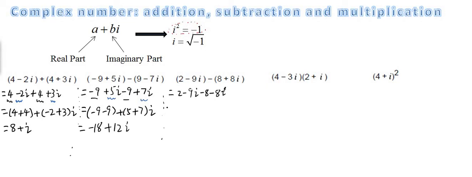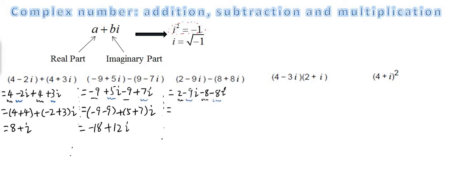Then we can combine the terms. Here's 2, here's negative 8, and here is negative 9, here's negative 8.